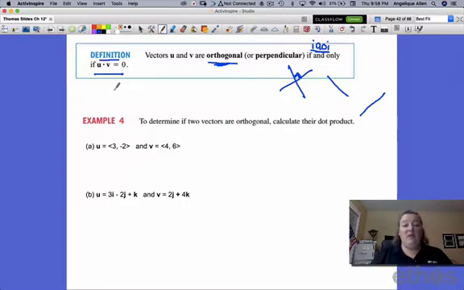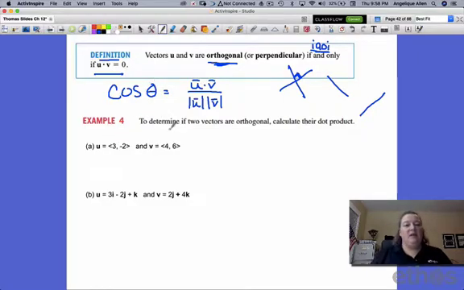Well, the cosine of theta is the dot product of two vectors divided by the magnitudes of the two vectors multiplied, so we can see that if theta, the angle between the vectors, was 90, cosine of theta would be 0, implying that the dot product is 0. So it's a very sound definition, very much related to the angle between the vectors.